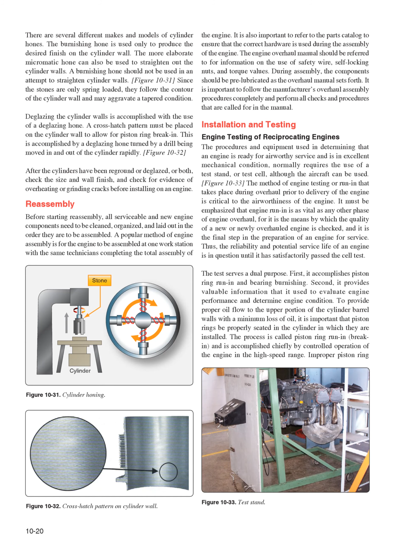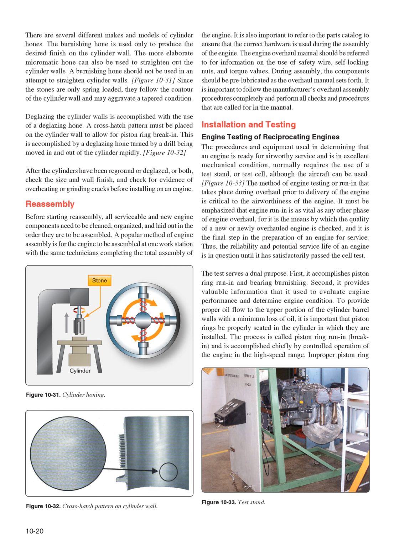The more elaborate micromatic hone can also be used to straighten out the cylinder walls. A burnishing hone should not be used in an attempt to straighten cylinder walls. Figure 1031. Since the stones are only spring-loaded, they follow the contour of the cylinder wall and may aggravate a tapered condition. Deglazing the cylinder walls is accomplished with the use of a deglazing hone.